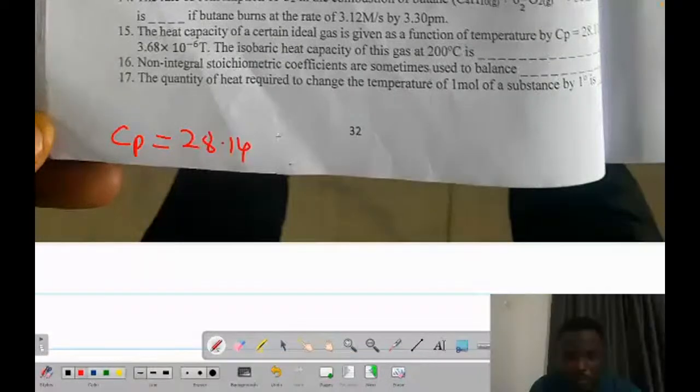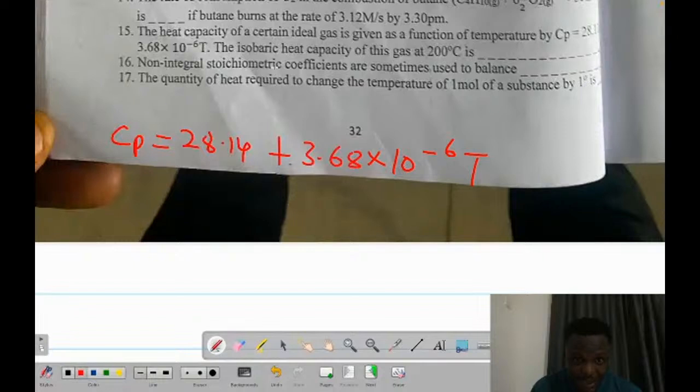Now they gave us Cp equals 28.1 plus 3.68 times 10 raised to the power of minus 6 T.